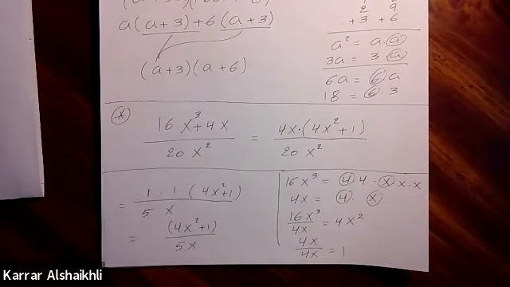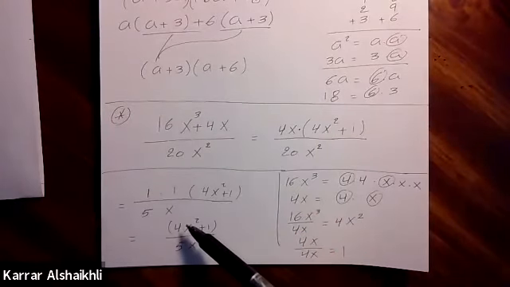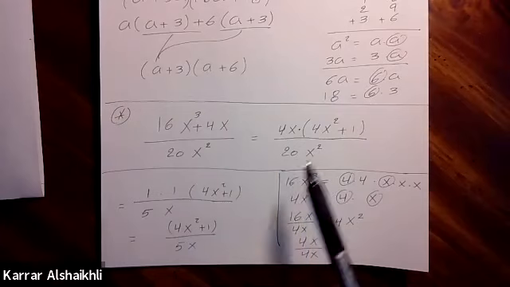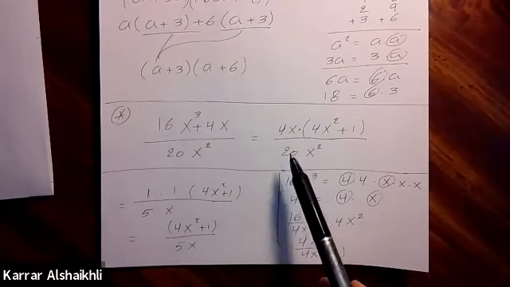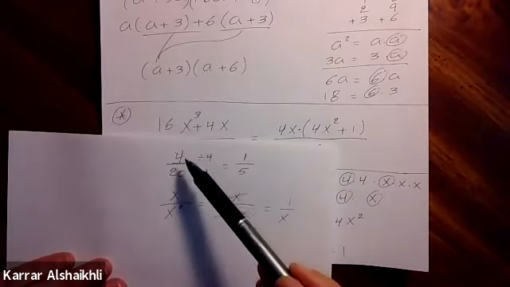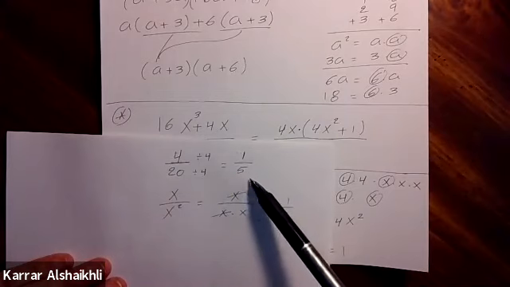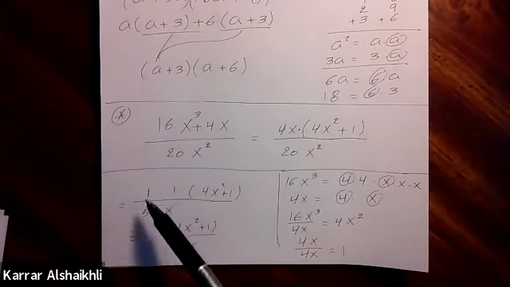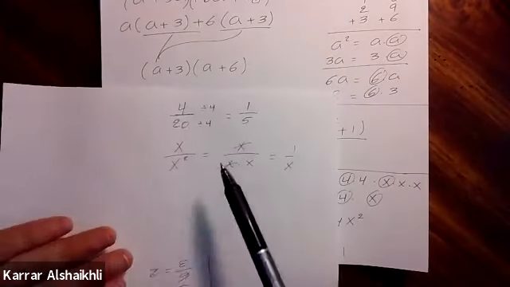So be careful with this example, because the 5x is going to be on the bottom, not on the top. So it's going to be the parentheses over 5x. Exactly what we did here. You're going to simplify the numbers, like what I did here. 4 divided by 20, divide both by 4 is going to be 1/5. So I'm going to write down 1/5. Then x with x squared. Do the same thing here.